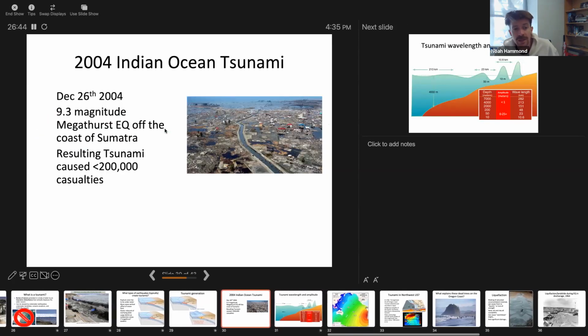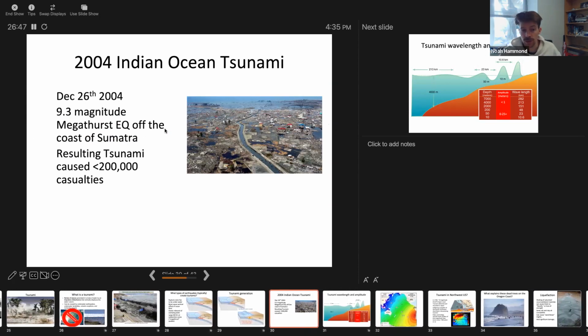And it created a tsunami that killed over 200,000 people throughout Indonesia and the Philippines, and it killed 20,000 people in India and Sri Lanka, and there were even casualties off the coast of Africa. So there was a giant tsunami all throughout these very low-lying island nations. And it's very sad. It killed a lot of people.